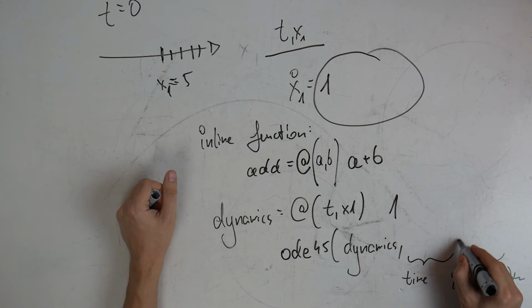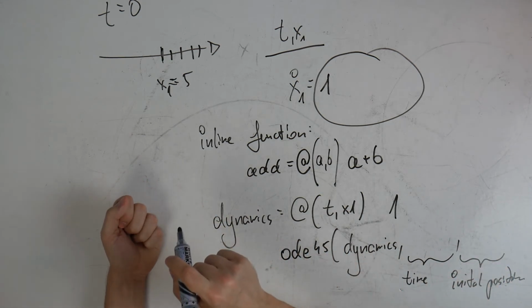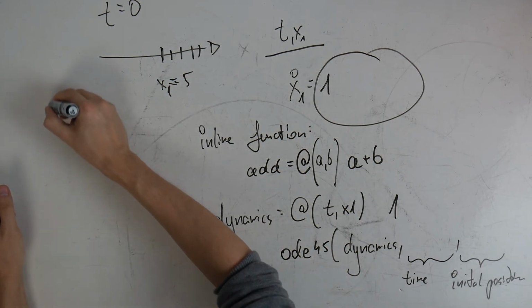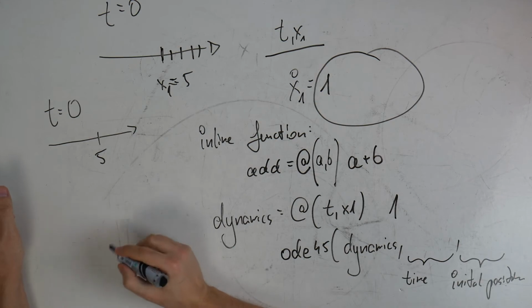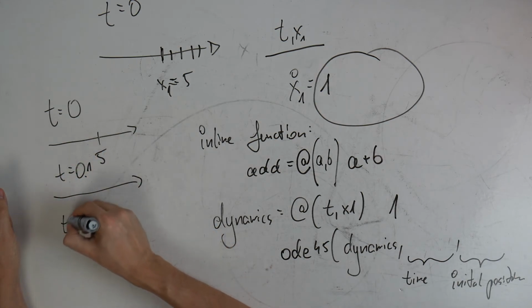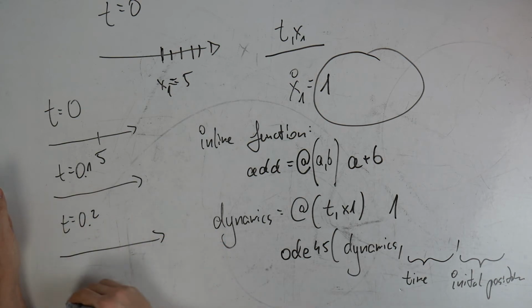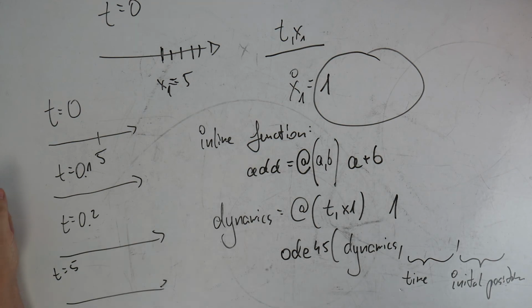So you need to specify the time over which you wish to simulate this system. Let's say I would like to have my first picture at 0, and then I would like to have a picture every 0.1 second, a set of pictures, and end at 5 seconds.